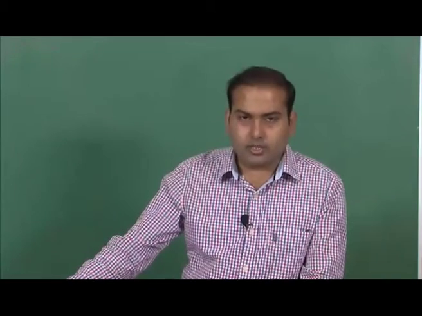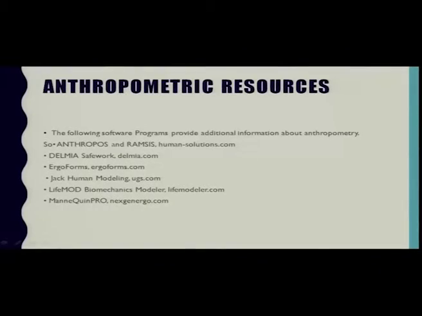Now coming to the existing resources available for anthropometric analysis. There are various software programs which provide additional information about anthropometry. Anthropos and Ramses are software tools which allow users to load a virtual human into 3D space.